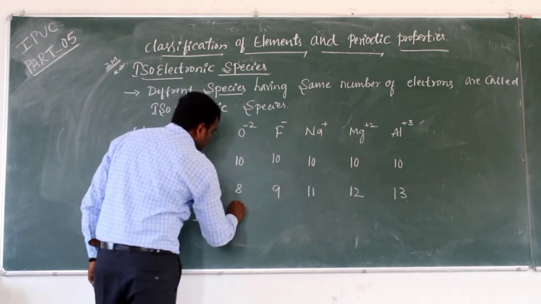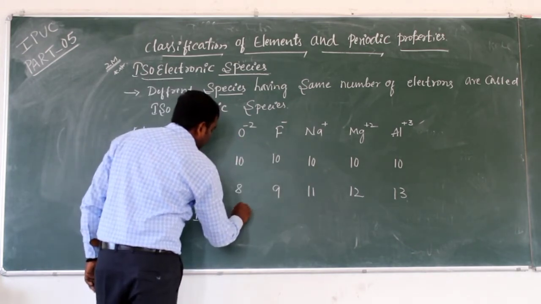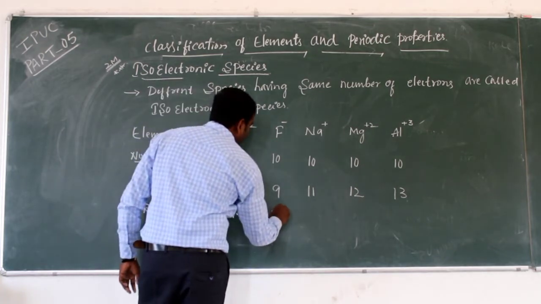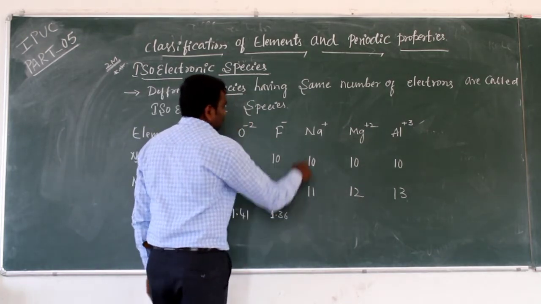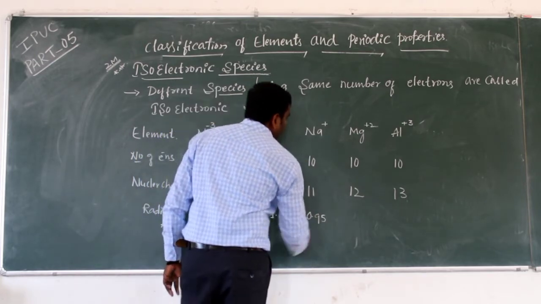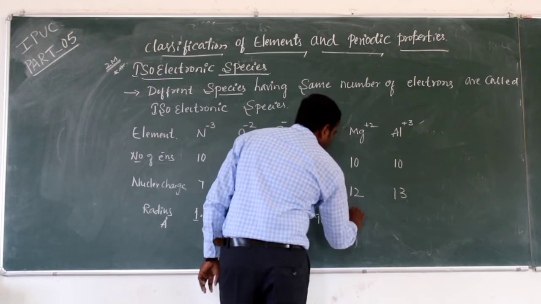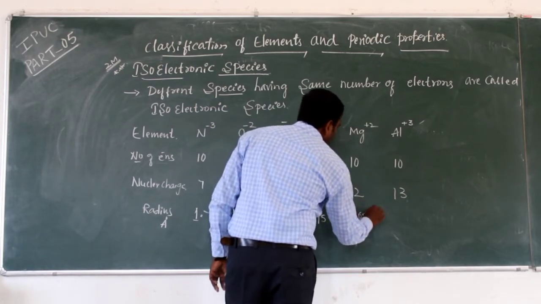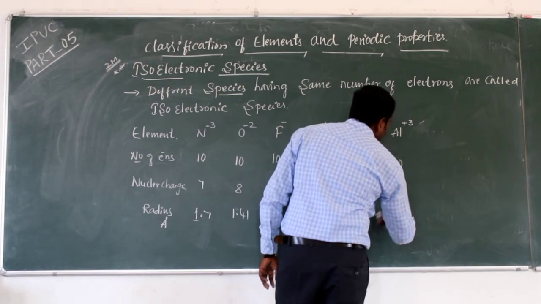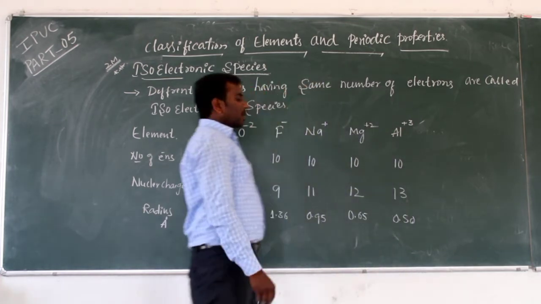Oxygen is 1.41, fluorine is 1.36, sodium is 0.95, magnesium is 0.65, aluminium is 0.50, right?